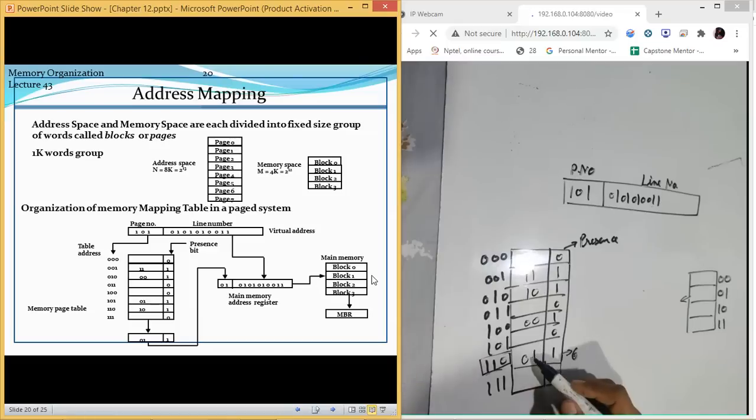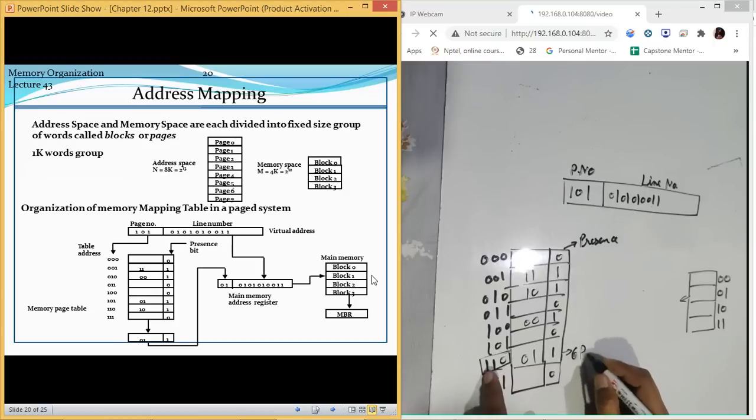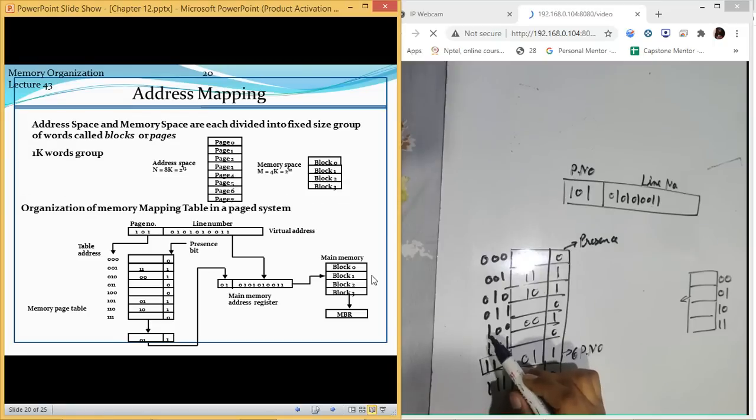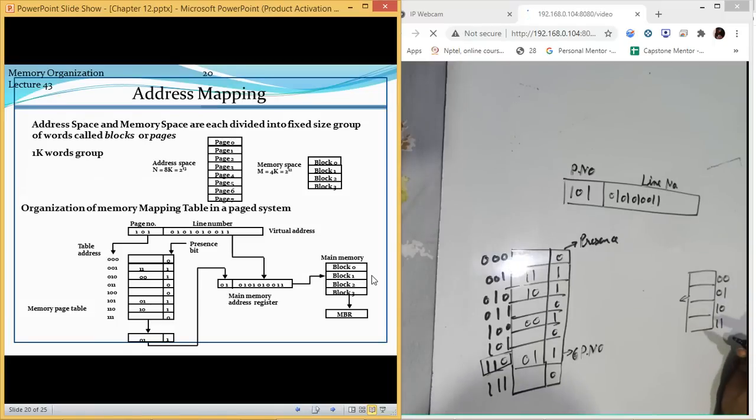So that is what it is telling. This is telling that this block, which is sixth page number data, is present at the second block inside the main memory. This is specifying that this fourth page number is stored at 00 block.